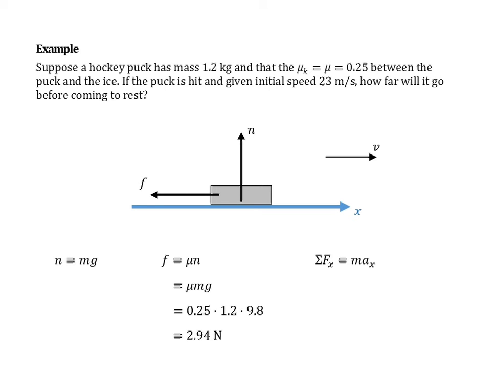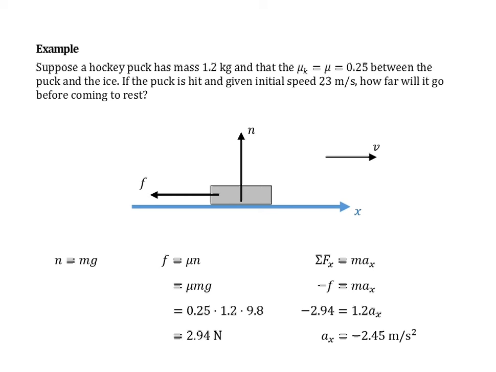If F represents a positive number, the strength of the force, then the net force x component is going to be the negative of F, and that's going to equal the mass times the acceleration. Plugging in some values, we have negative 2.94 equals 1.2 times that acceleration, a sub x. Solve for the acceleration. a sub x is about negative 2.45 meters per second squared.